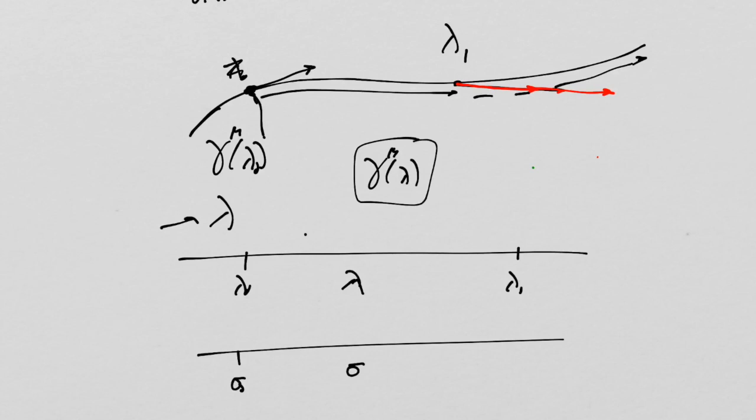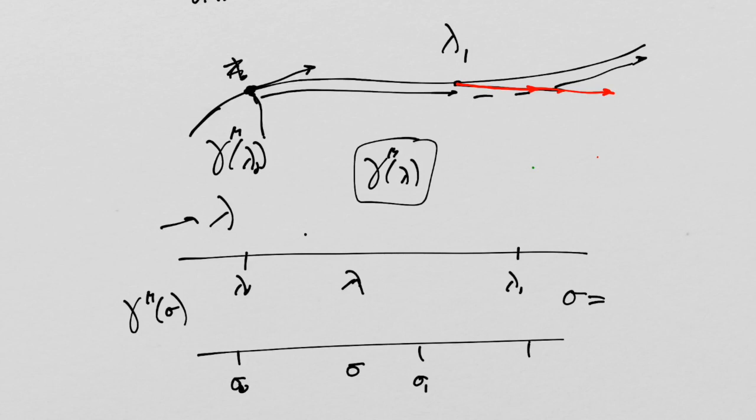Sigma goes from sigma 0 to sigma 1, and I can create gamma of sigma, and gamma of sigma will march along our curve, but at a different rate, as long as sigma is not 1-to-1 with lambda.